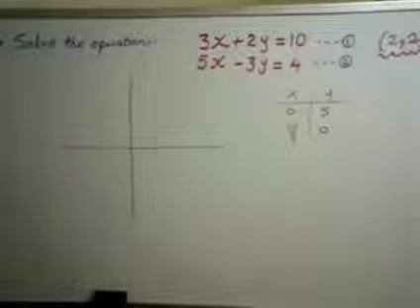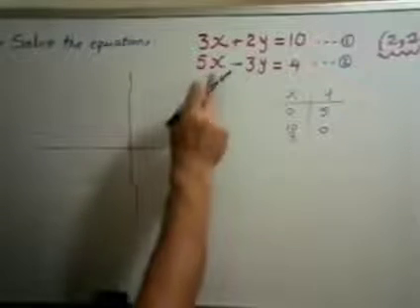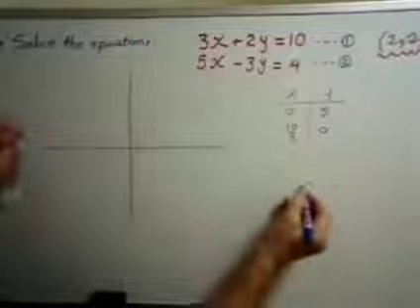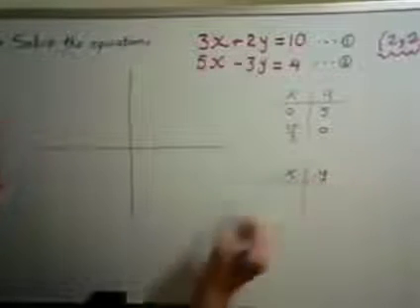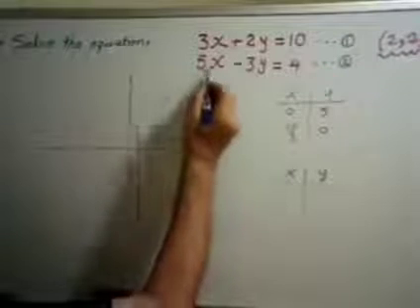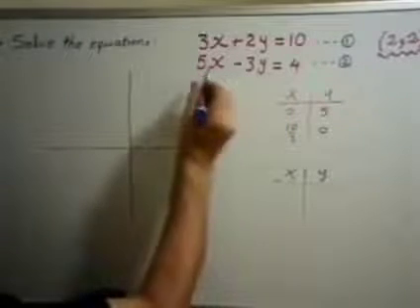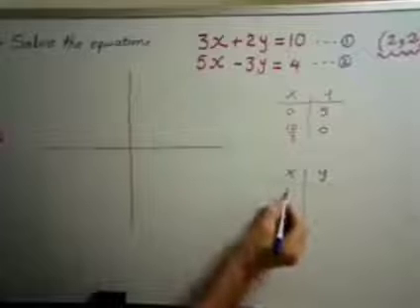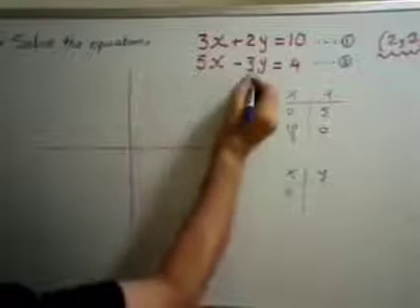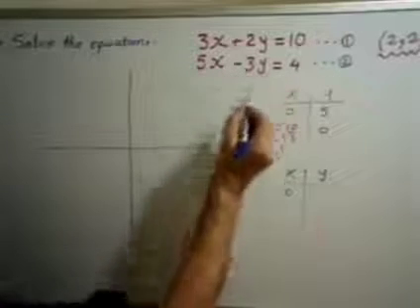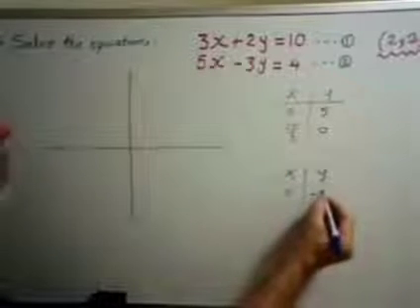And we do that for the second equation. For the second equation, we'll do the same. X and y here. And get the intersection point with the y-axis by putting x is equal to 0. In this case, negative 3y is equal 4. That means y is negative 4 over 3.